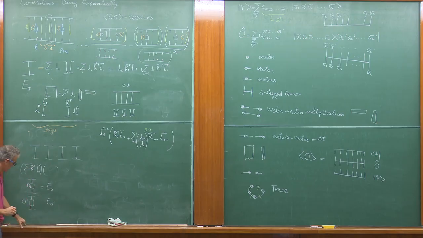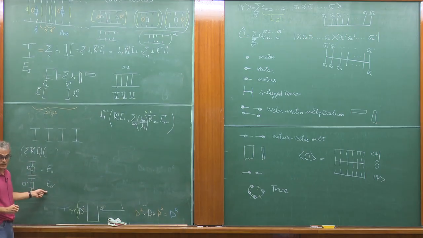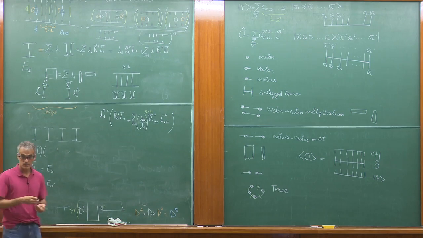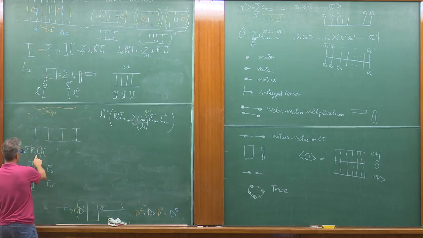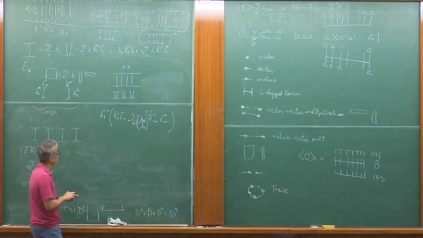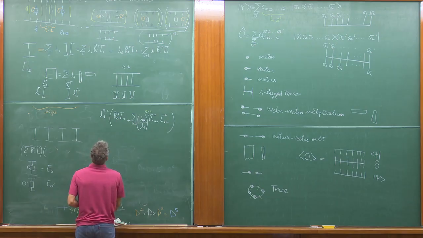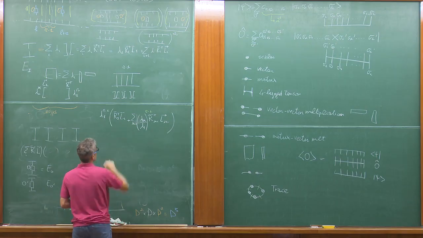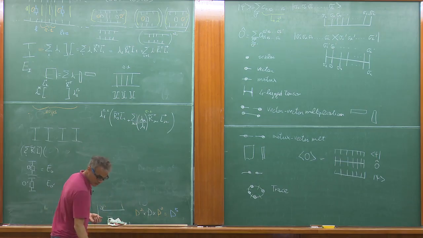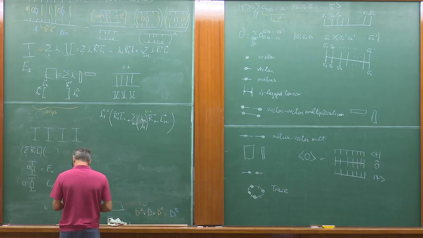Okay? And what this does is to couple L_i and R_j that were not coupled together before. So this will allow couplings between the left and right eigenvectors.